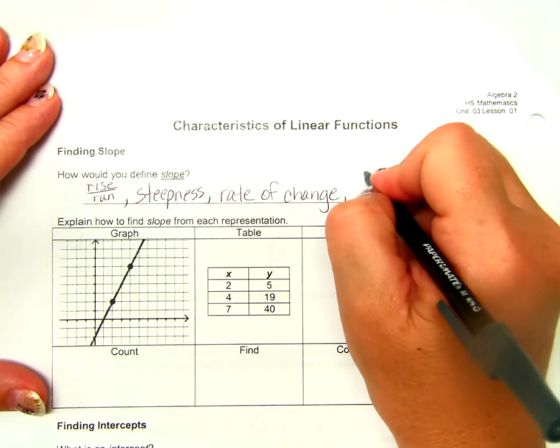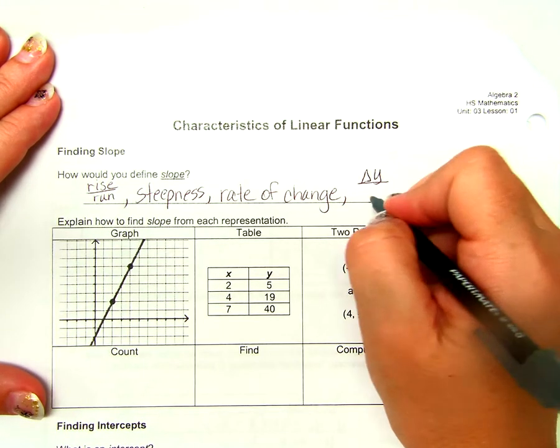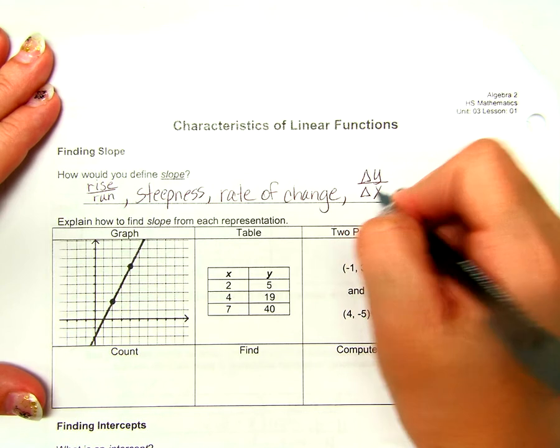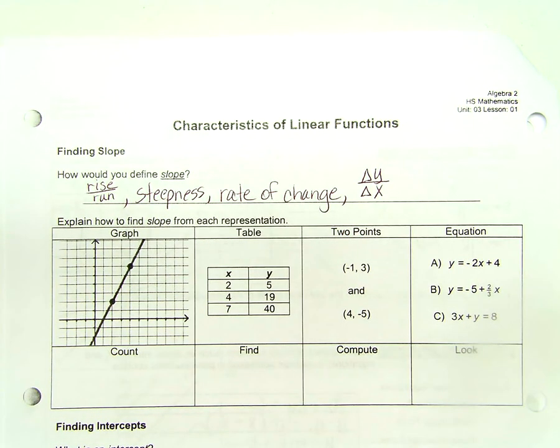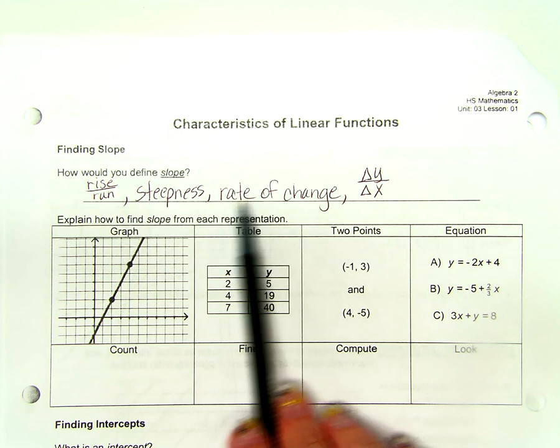What about this? In Greek, that's a delta. It's a letter. When we use it in math and science, we use it to mean change. So it's kind of a mix of rise over run and rate of change.